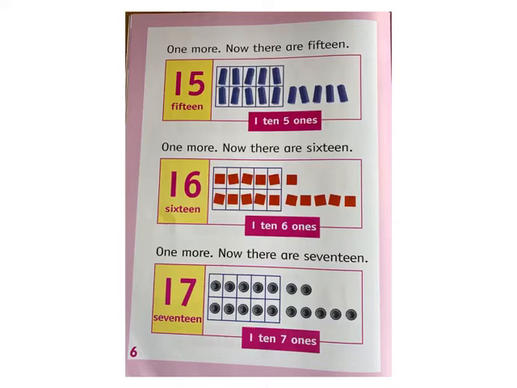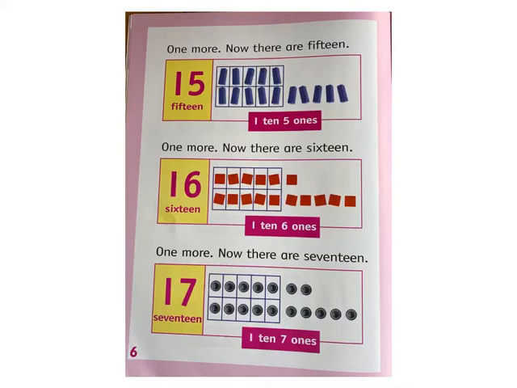Count on from 10 to check. 10, 11, 12, 13, 14, 15, 16. And if we write the number 16, we write 1 and 6. One more. Now there are 17.